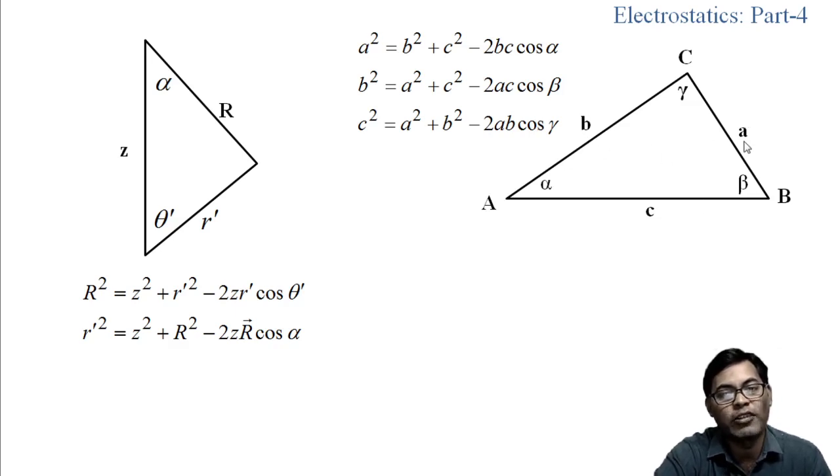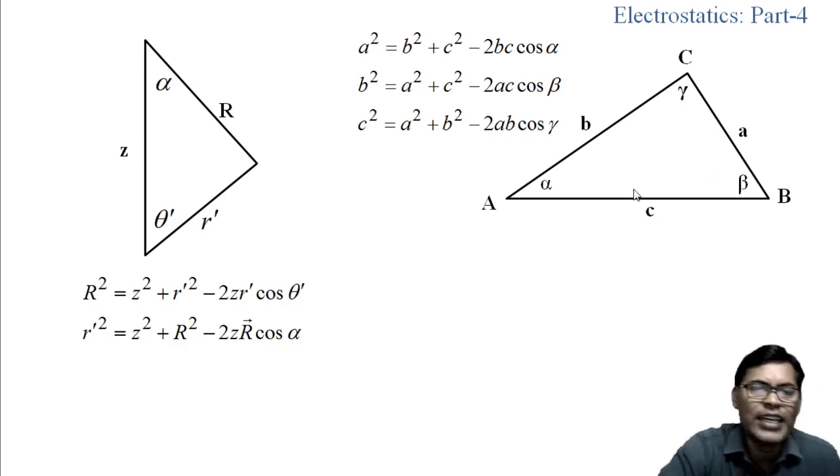So b square equals a square plus c square minus 2ac cos beta. Similarly, if we want to find c, then c square equals b square plus a square minus 2ab cos gamma.